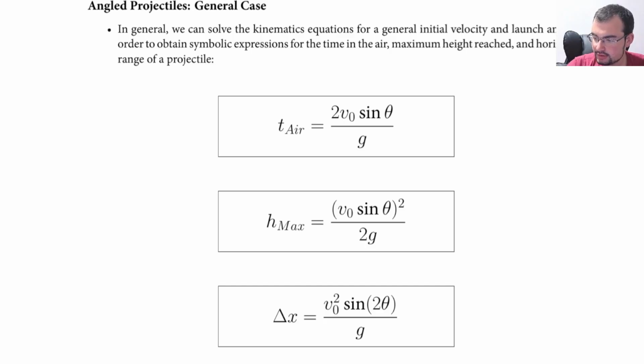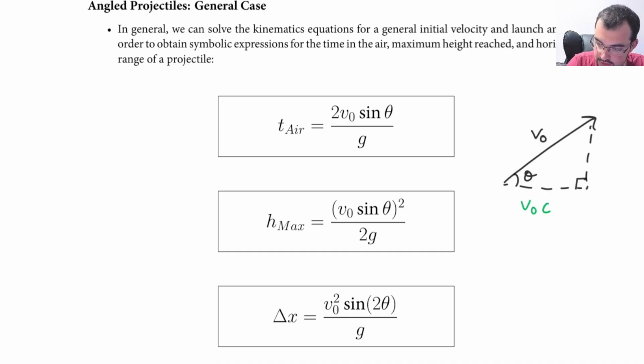So we're just kind of going through some properties here. So if this is our launch velocity, the horizontal is V0 cosine theta, and the vertical is V0 sine theta.